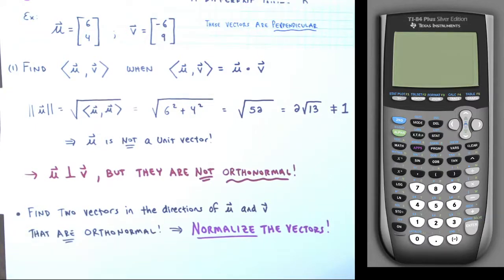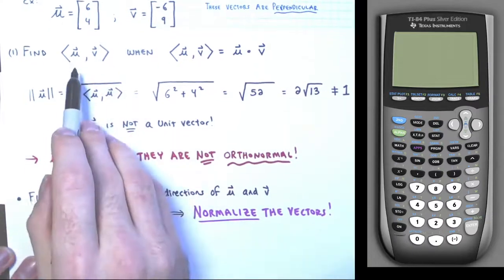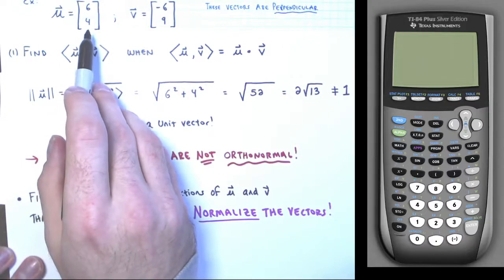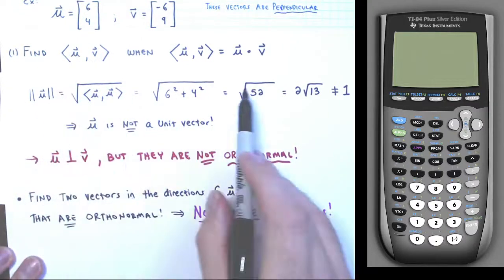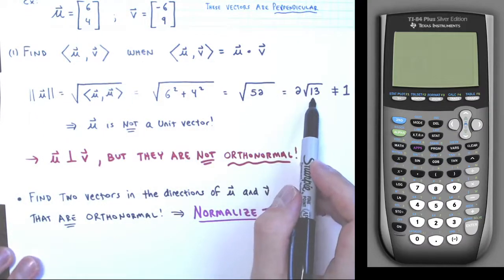Now it's very easy to find a unit vector when you're given a vector and you want a unit vector that goes in the same direction. You simply multiply by the reciprocal of its norm. You see that the vector 6, 4 has norm 2 times the square root of 13.